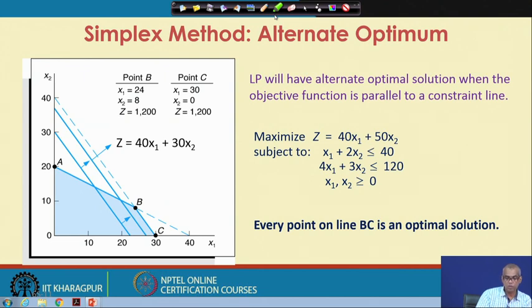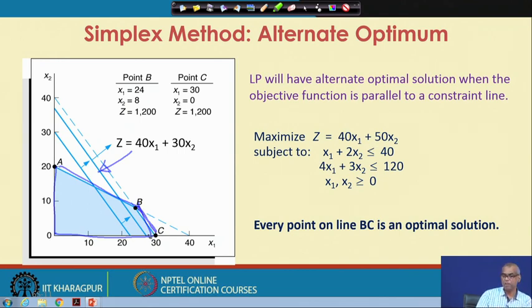The feasible solution space for the linear programming problem is obtained by points O, A, B, C, and it is noted that the objective function line is parallel to the line BC.